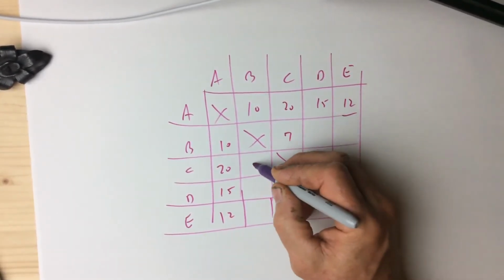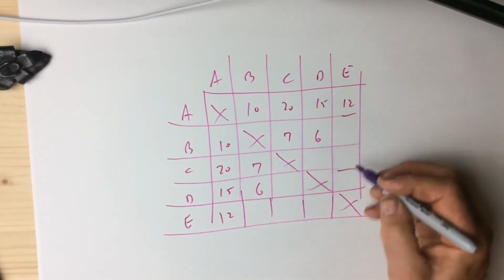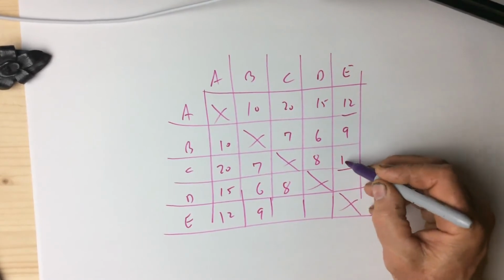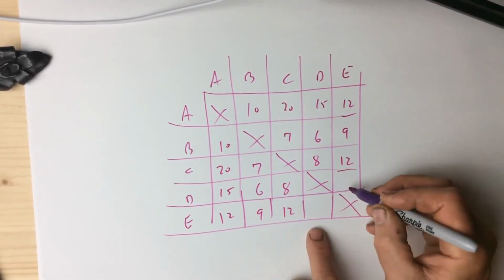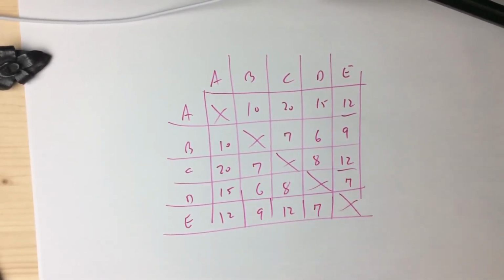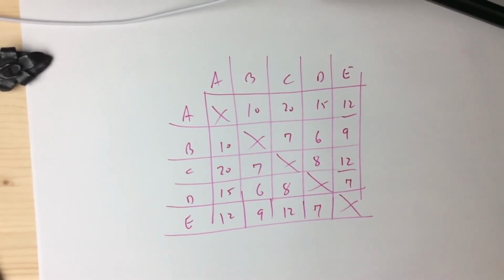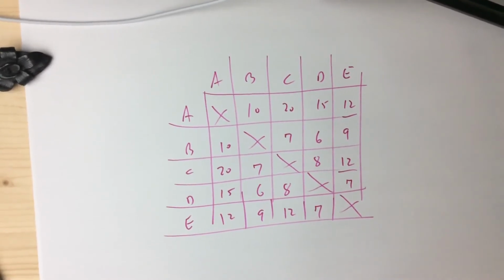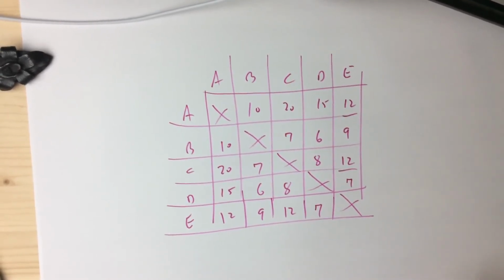I'm going to put in 7, 6, 9, 8, 12, 7. That is a complete 5 graph. 5 vertices, every vertex connected to everything else, and the distances are the same whether we go from A to B or B to A and vice versa.